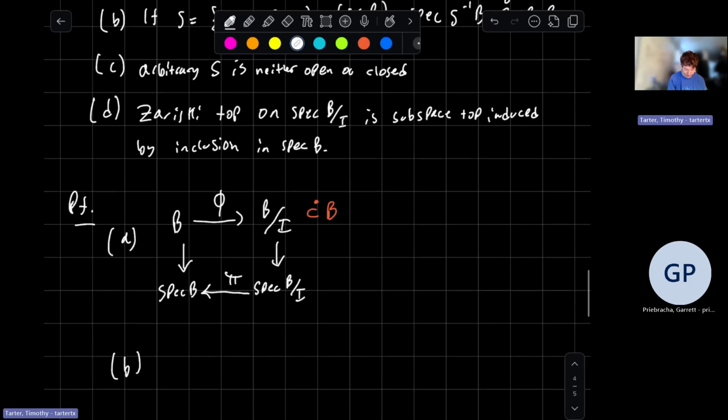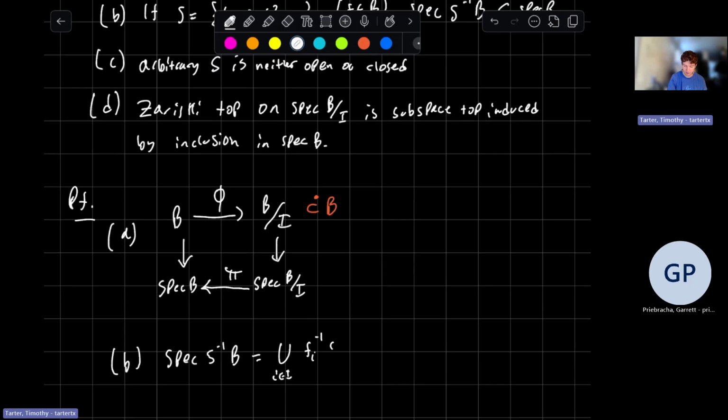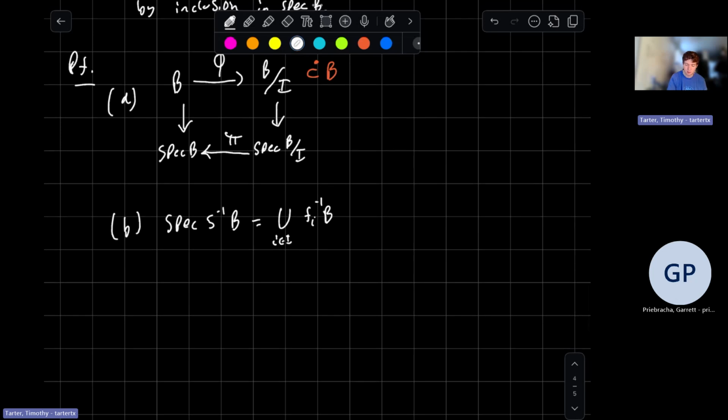Spec S inverse B is equal to the union over i in I of F_i inverse B, right? And each one of those is open, and then unions of opens are open.